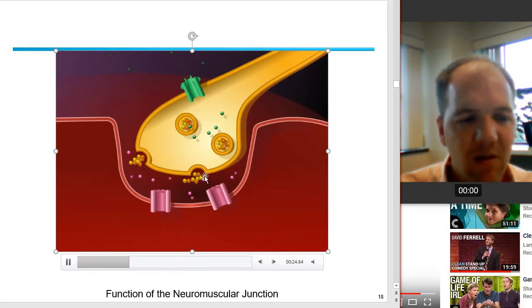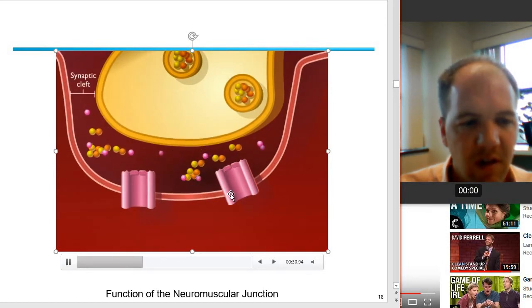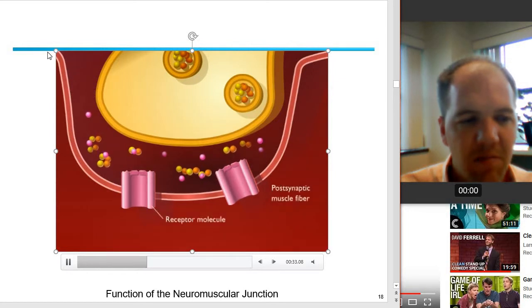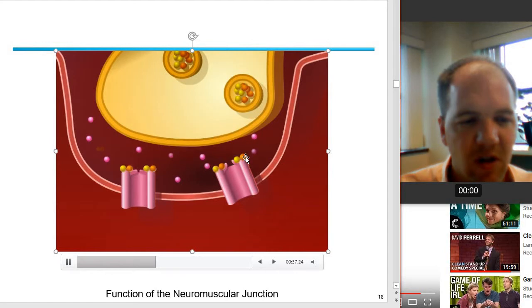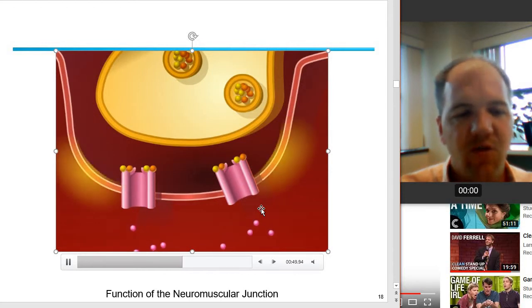After it's released, it travels across the synaptic cleft, and it attaches to these junctions that are located on the muscle itself. These acetylcholines attaching to these junctions cause them to open, which allows chemicals to come in, which causes the muscle to be stimulated to begin contracting.